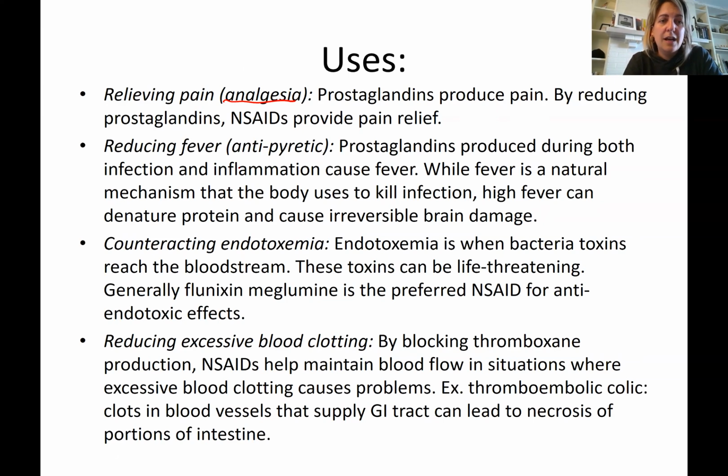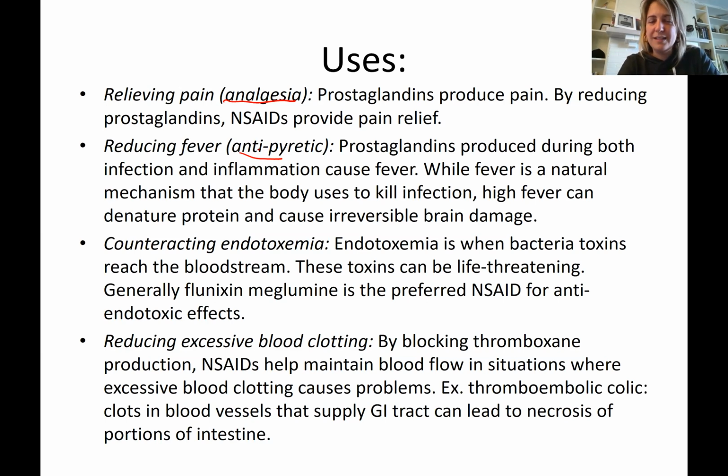They also reduce fever. If you remember from the immune response lecture, fever is a natural response of the body to increase its temperature to try to kill these invading microbes. But sometimes fever, if out of control, can be very deleterious to the body.